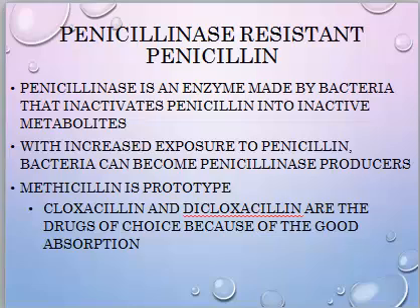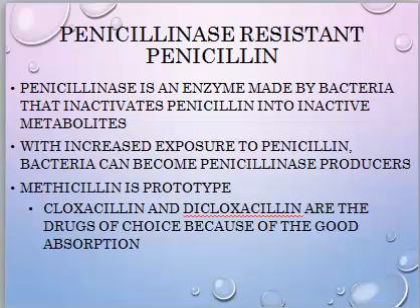So now there are penicillins that are resistant to penicillinase, that enzyme that bacteria produce to inactivate penicillin. The prototype is methicillin. You don't hear a lot about methicillin anymore, except in the case of methicillin-resistant Staphylococcus aureus, that is MRSA.